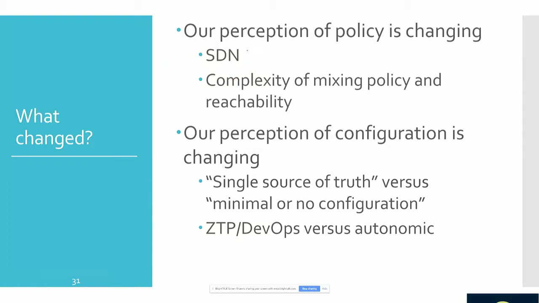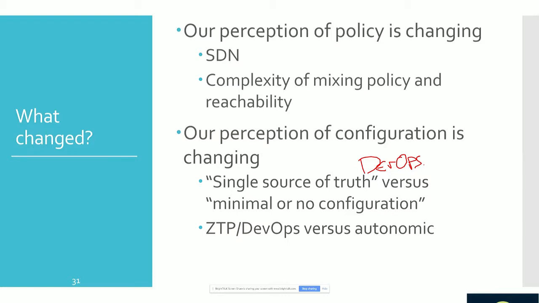Another movement that's going on is my perception of configuration is changing. Most networks on the enterprise side and even in data center networks are moving towards a single source of truth. This is handled through DevOps, which you've probably heard of before, someplace in your travels in network engineering or in the world of just reading IT stuff. So DevOps is really pushing this concept of single source of truth versus minimal or no configuration.